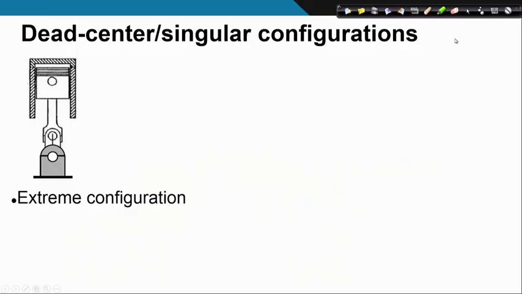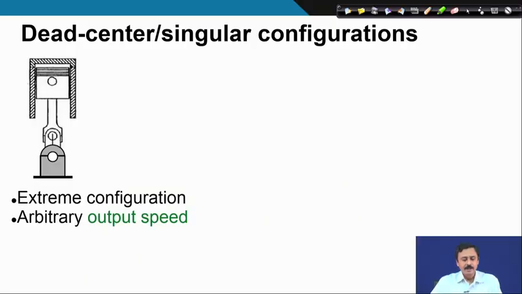Therefore, even though the piston has come to momentary rest, the mechanism actually has not lost its degree of freedom. So, this is an extreme configuration. Now, because of this, you can have arbitrary output speed.